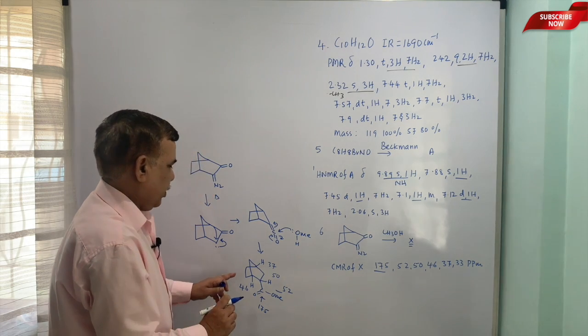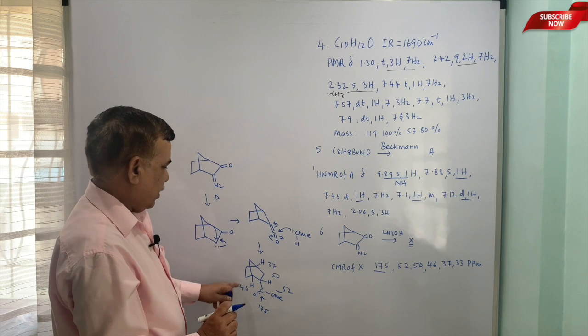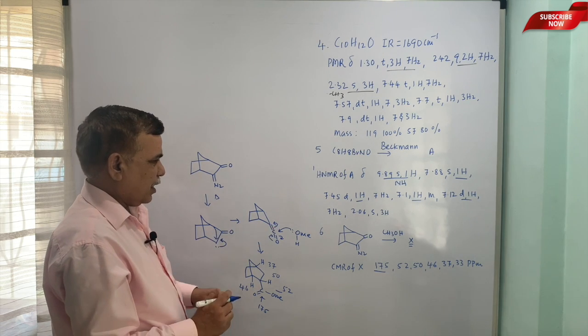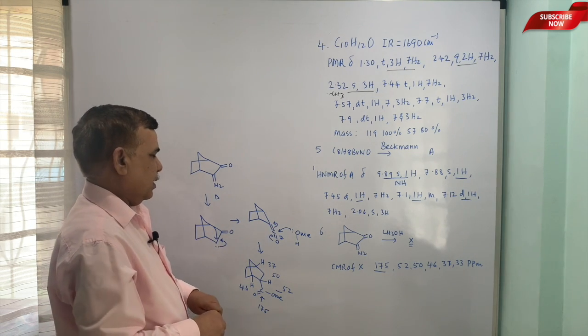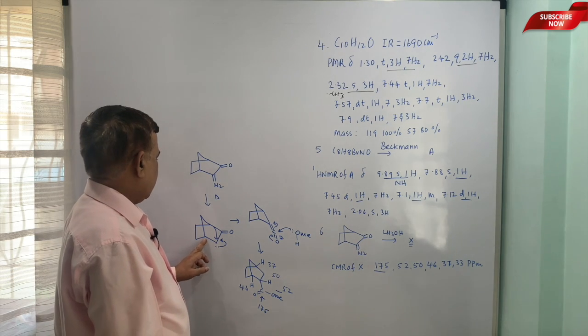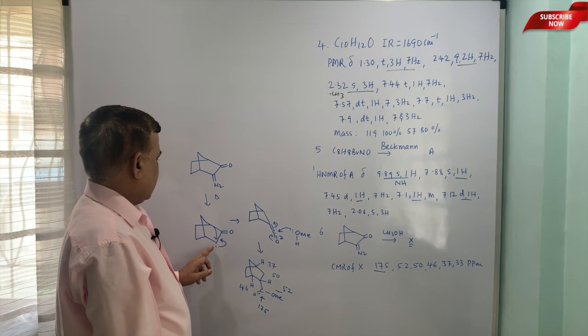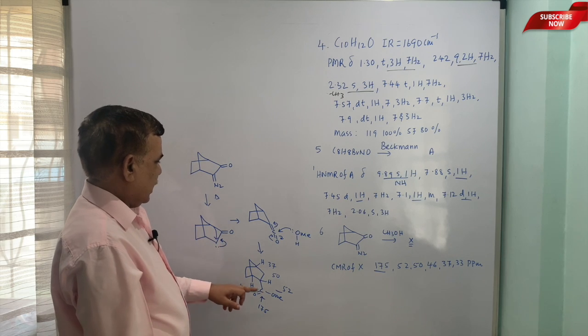So, there are so many carbons, but the major ones we are putting, the remaining you can assign easily, because there are so many carbons like 1, 2, 3, 4, 5, 6, 7 and 8.